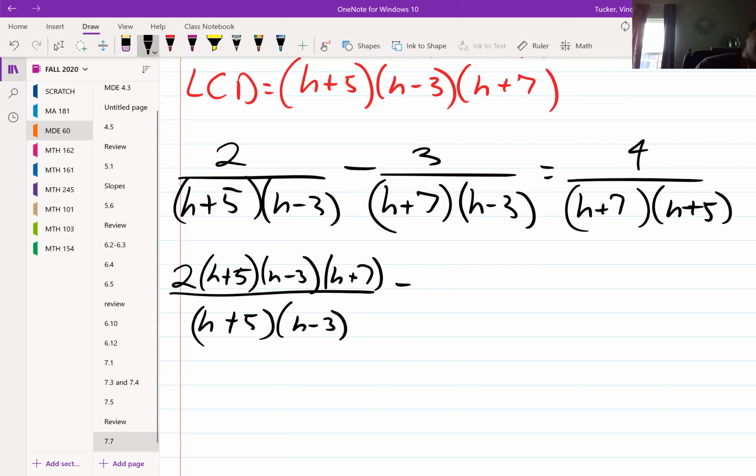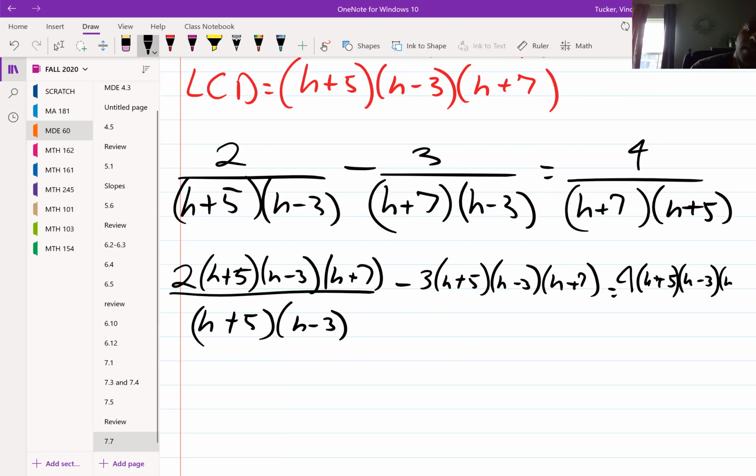I start doing it in steps and putting them in step form and put a room on my paper. Run out of room. I think I got it. I think I'm good enough.